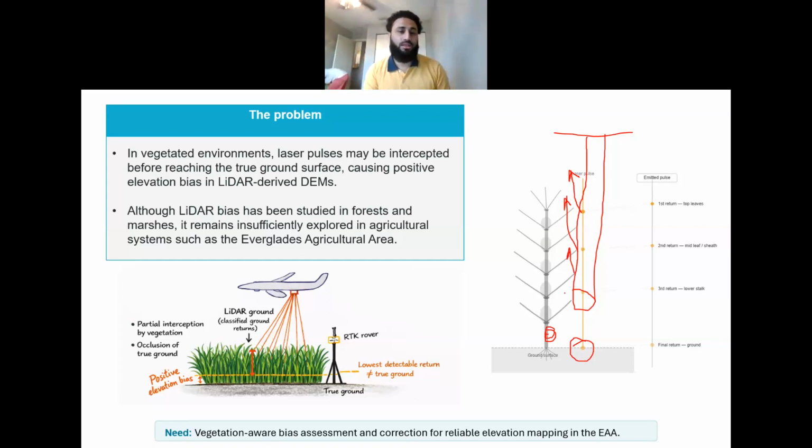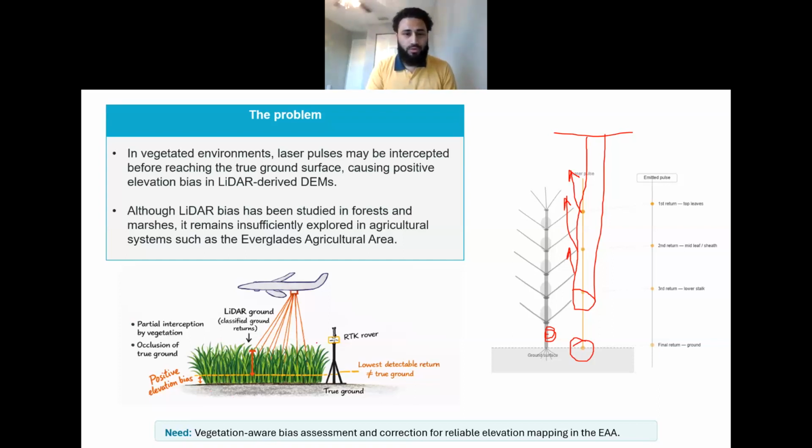So we will think that this is the ground, but it's actually the bottom of the sugarcane.